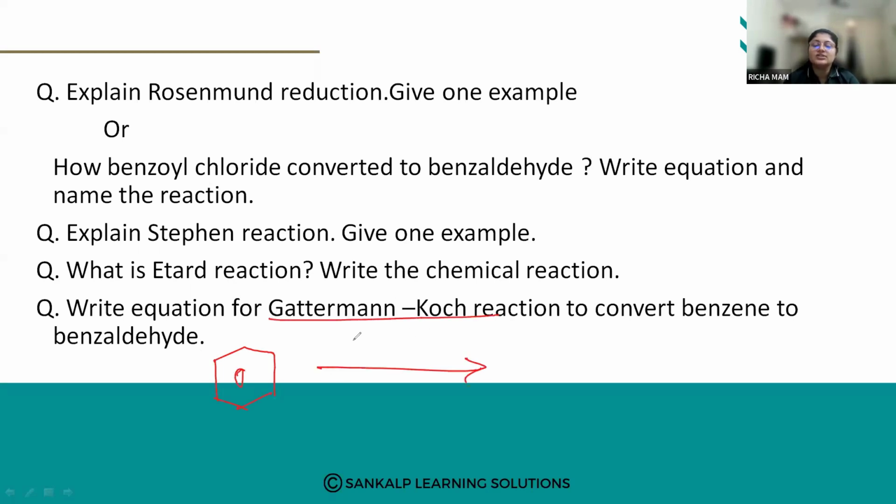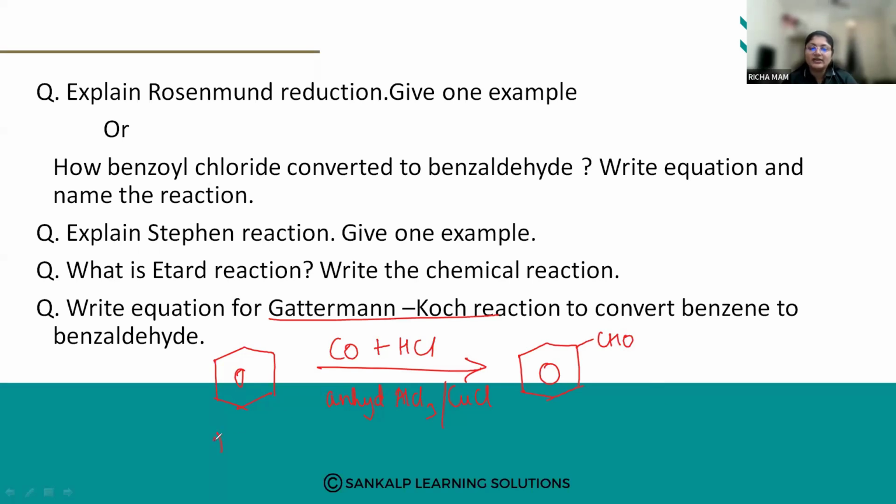For Gattermann-Koch, the reagents are carbon monoxide plus HCl, in the presence of anhydrous AlCl3, or you can use cuprous chloride. What am I going to get? I am going to get benzaldehyde.